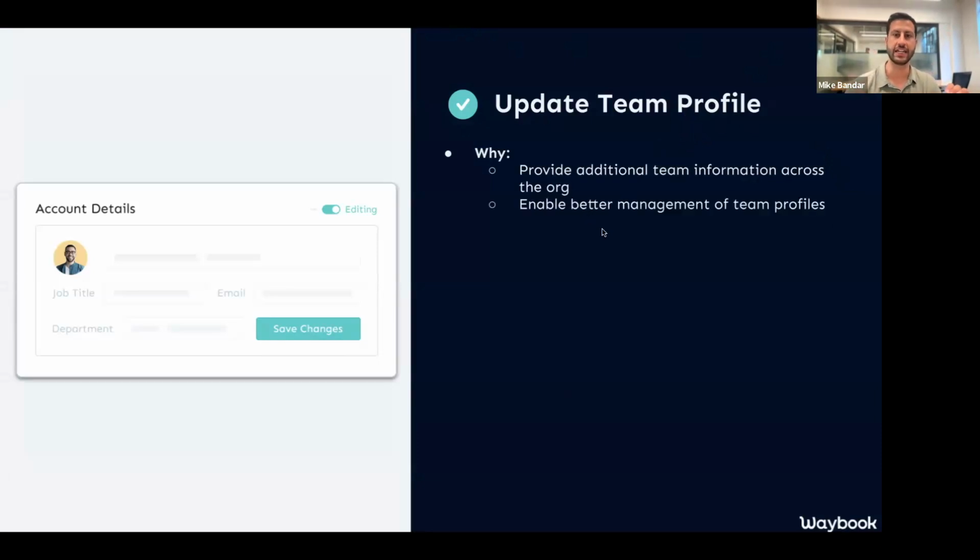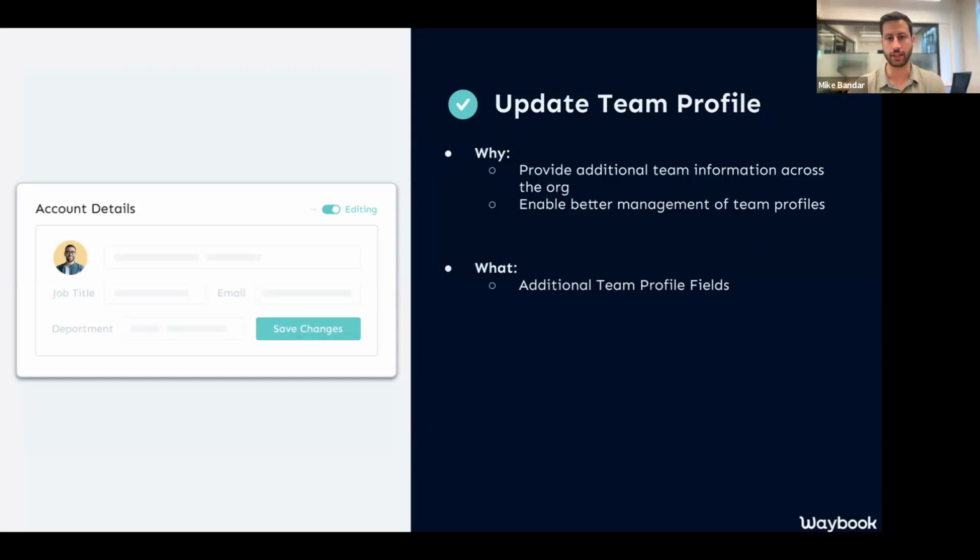And the key thing here is that you can better manage your team profiles. So instead of your team members being responsible for always keeping their own profiles up to date, this can be connected directly with directory sync, or it can actually be managed by your admins.